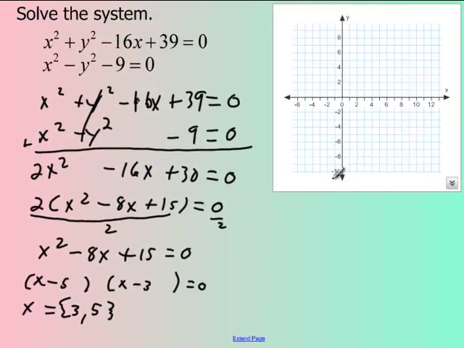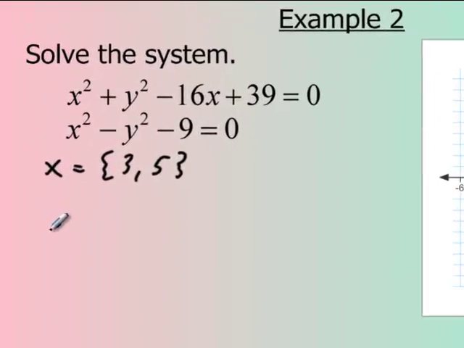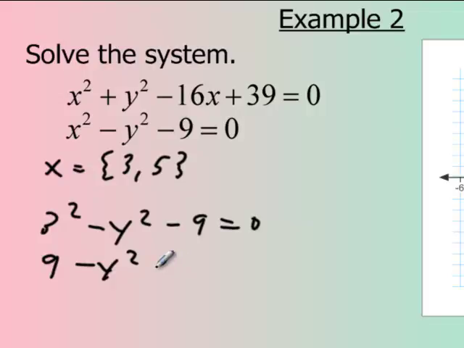Now, just like the last problem, we can substitute these back into one of the original equations to get our corresponding y values. I think I'll use the second equation, and we'll start with the 3. That leaves me with 3 squared minus y squared minus 9 equals 0. In other words, 9 minus y squared minus 9.